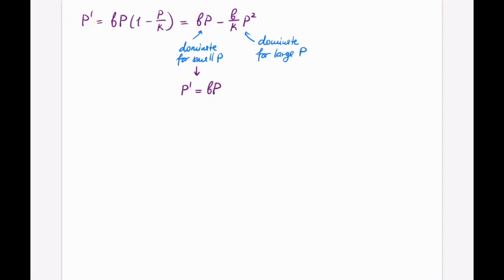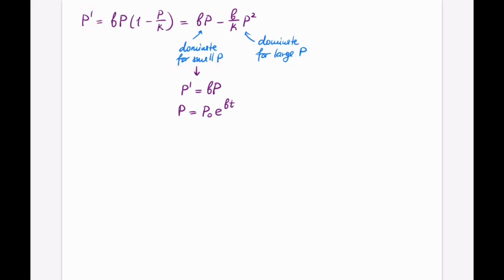This is fantastic news, because this is exactly of the form y prime equals ky, which means that this equation I can solve. So for small values of p, what I'm going to have is p equals p naught e to the power bt. It's an exponential function. I know exactly how my derivative is going to behave for small population sizes.